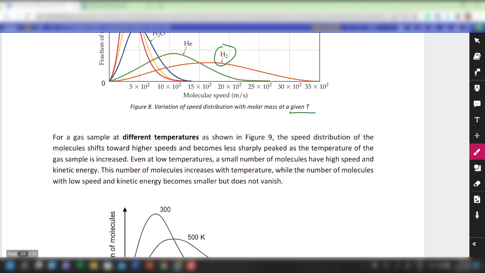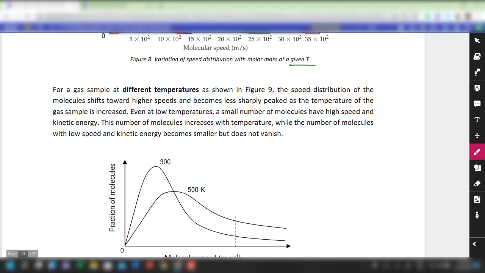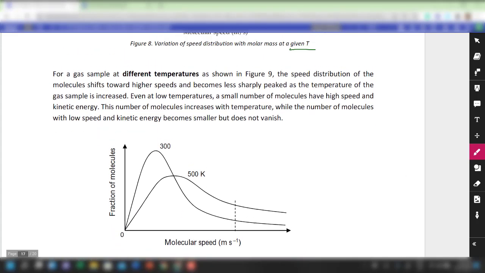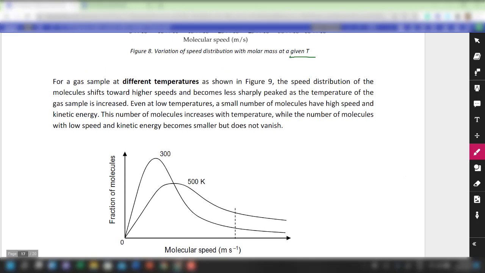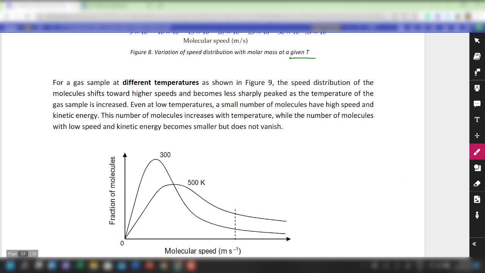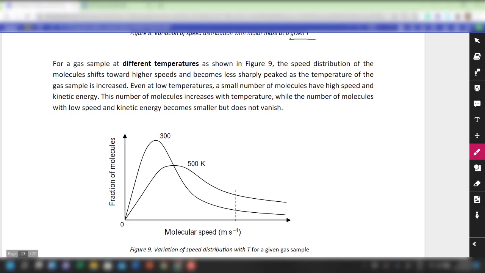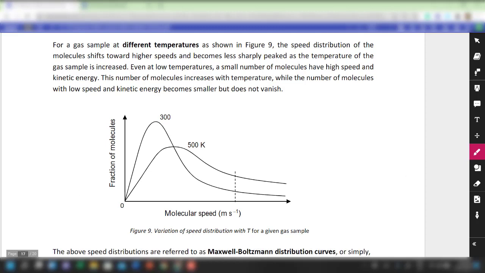What is probably more important is actually figure 9, because you will encounter figure 9 a lot more often. For a gas sample at different temperatures, the speed distribution is shown. It's like a chi-squared curve, so it will peak at a certain molecular speed, and then taper off towards high molecular speeds.